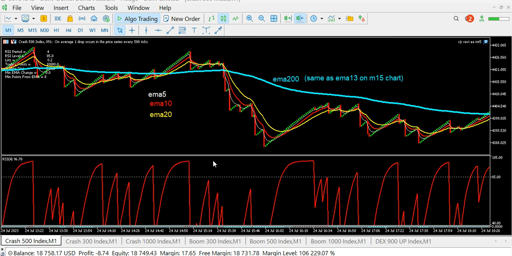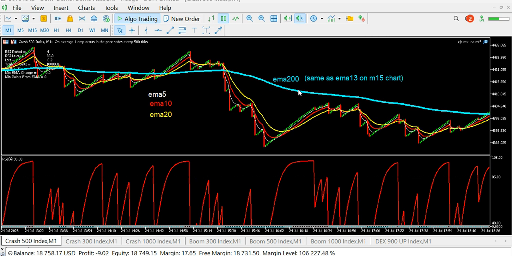Okay, but look what happened. By the way, I prefer RSI 4, not 15, and the level 85 is a very good level to enter on V2. You can see there, but only below the EMA 200.